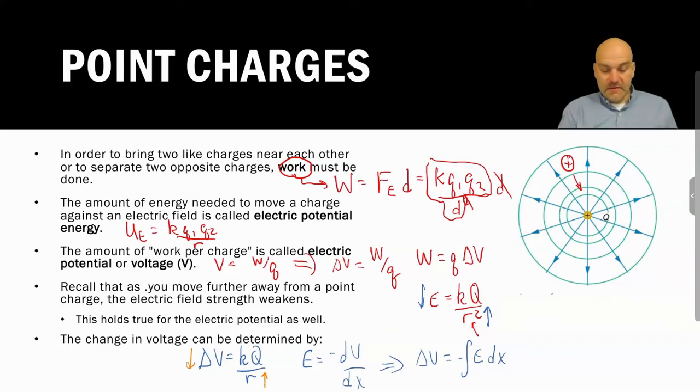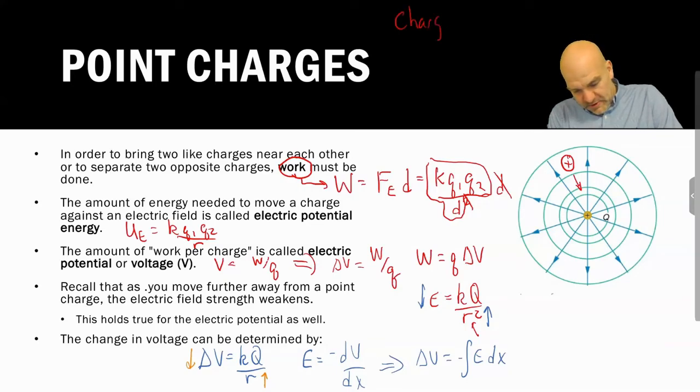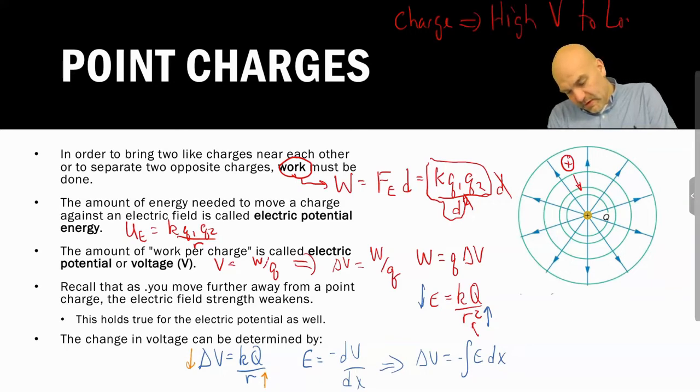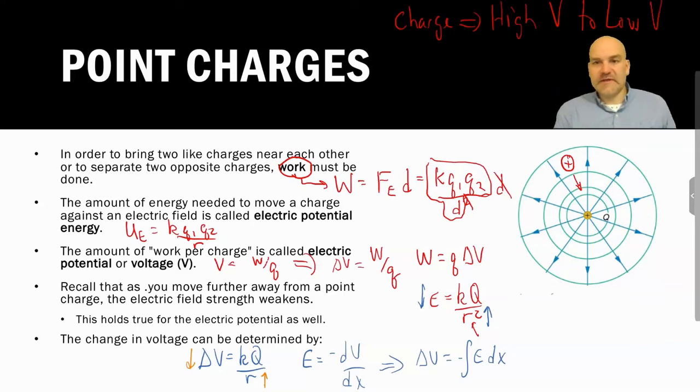Now, some things to remember. Charge goes from high V, high potential, to low V. Sometimes they may give you a question like, which way is this going to point?